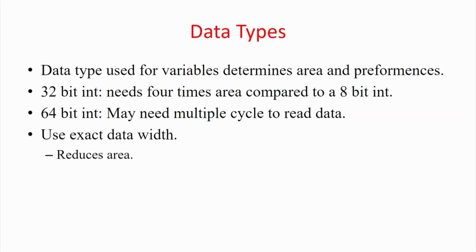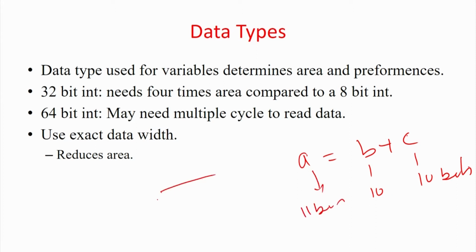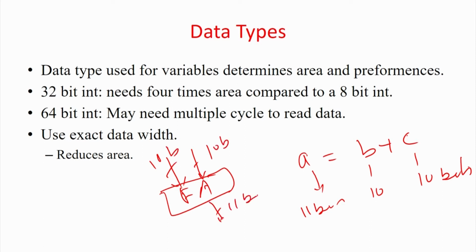Say you have A equal to B plus C. If you say these are all 10 bits, this will result in one full adder whose inputs are of 10 bits and the output is of 11 bits, right.